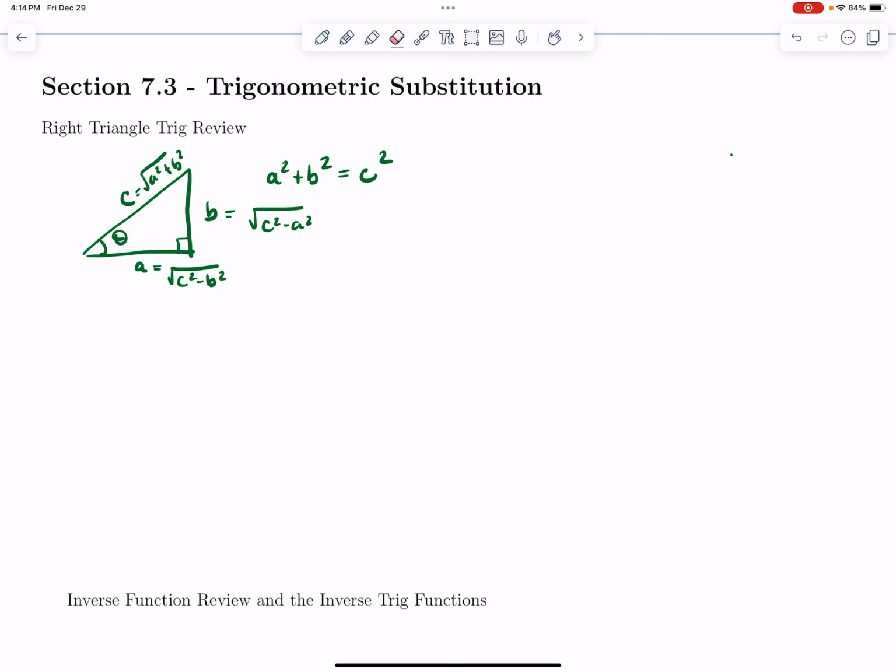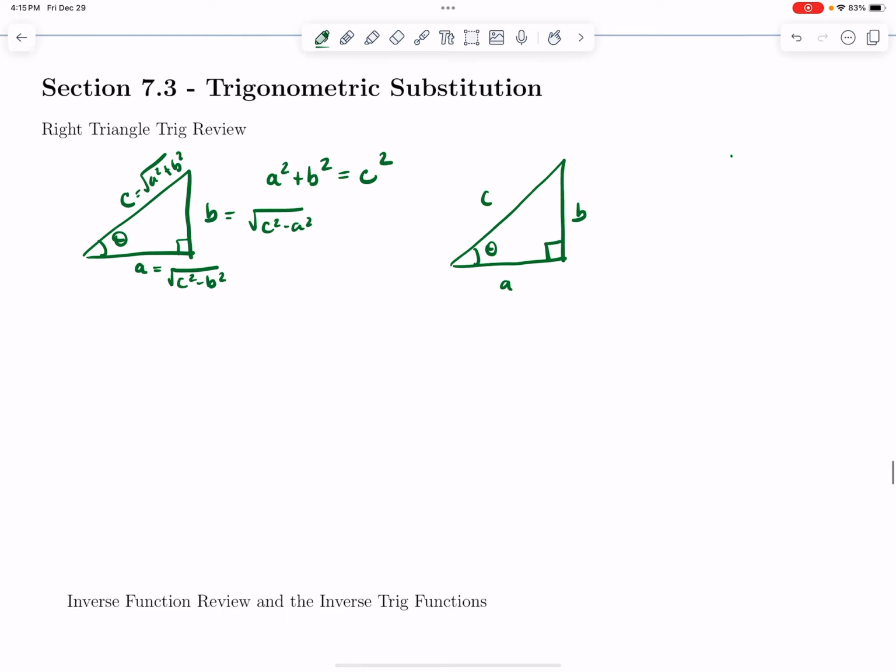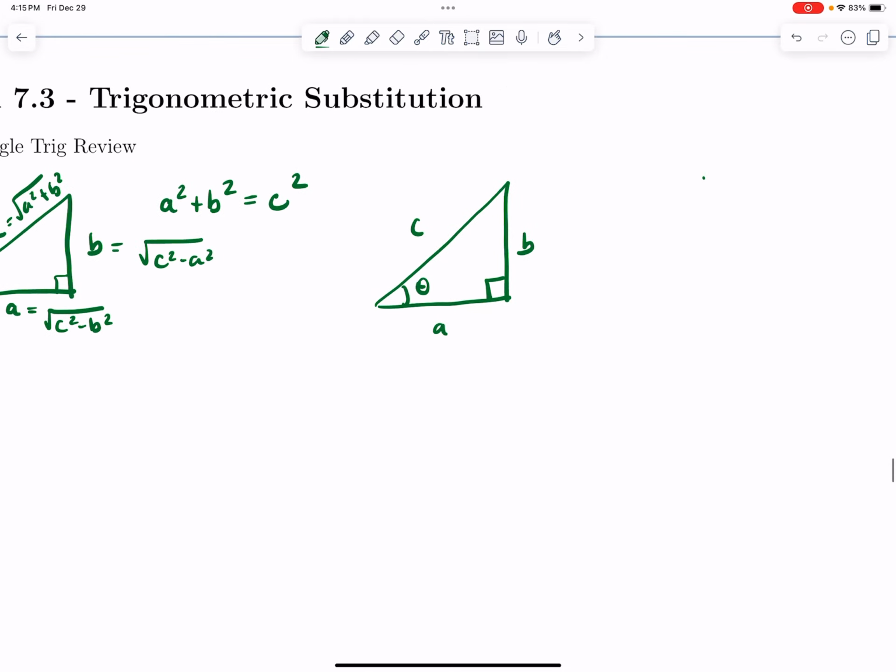Okay, so also remember that if you have a triangle, let's write it right here. We'll say a, b, and c, angle theta, a right triangle, you can pull off the 6 trig functions from this right triangle, right?